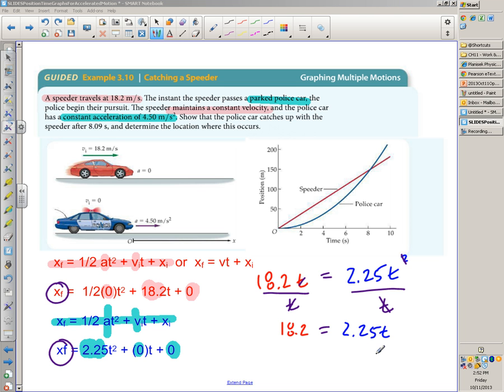And when you solve that for t, guess what you get? 8.09 seconds. And then if we wanted to determine the location, what would we do? Take that t and plug it back into the equation. Which equation? Doesn't matter. Guess what you find out for xf? 147 meters.